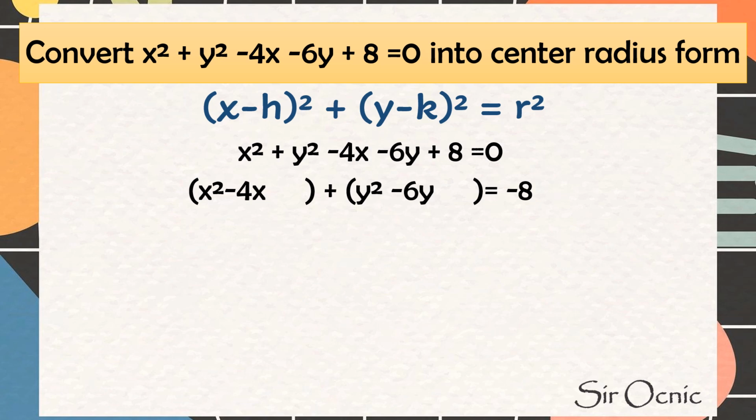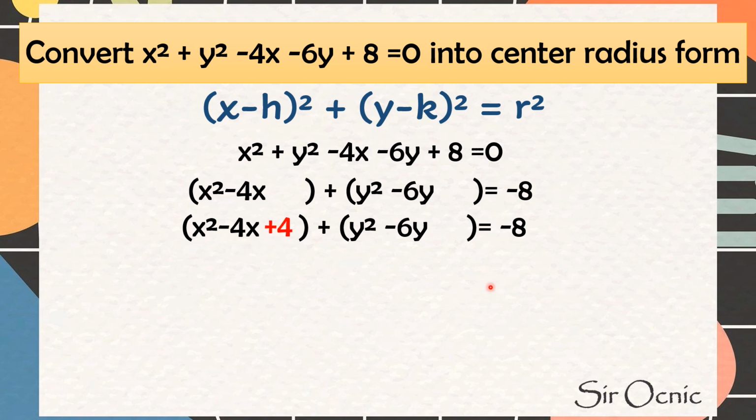The next step is to identify the third term that will make the two groups a perfect square trinomial. On the first group, that will be -4 divided by 2, that is equal to -2, squared is equal to positive 4.